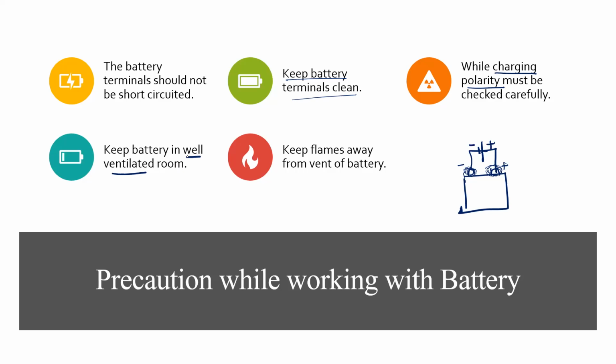Otherwise, those gases which may be developed, those gases can be dangerous for human. Okay, and always keep flames away from the ventilation of the battery, right? Because this is an acid battery, lead acid battery. If it catches fire, it could be dangerous.